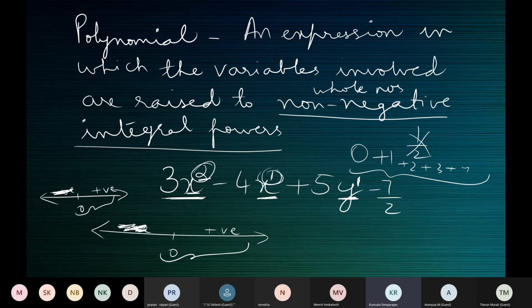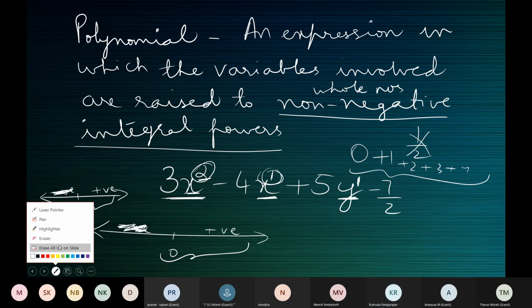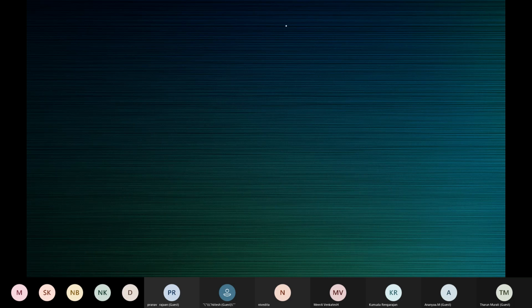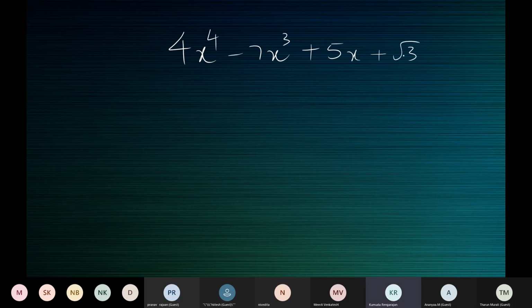So in an algebraic expression, let's take some more algebraic expressions. So now suppose we say, okay, so the variable here is x, power is 4, whole number, x power 3.